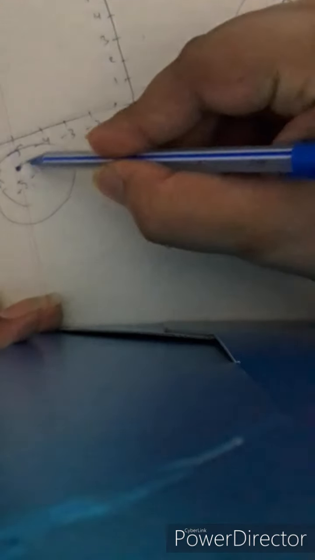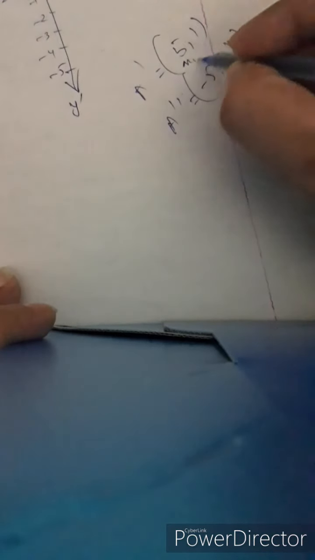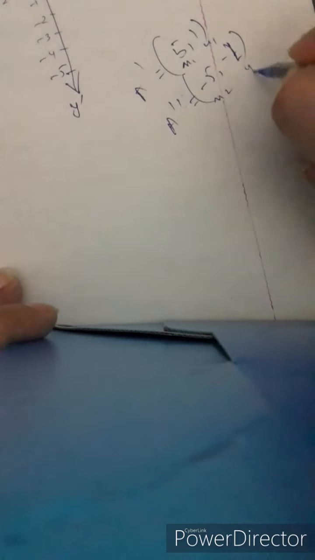So we have to find the distance between A dash and A double dash. Consider this as x1 y1, this as x2 y2.